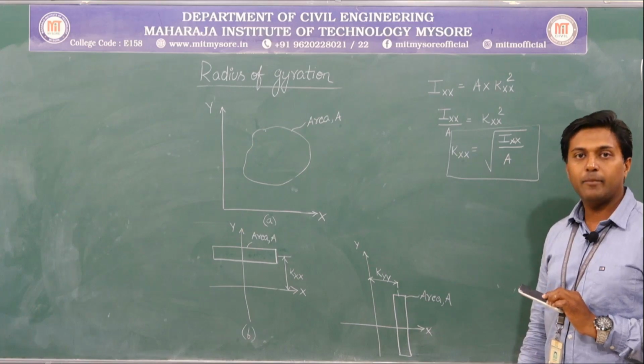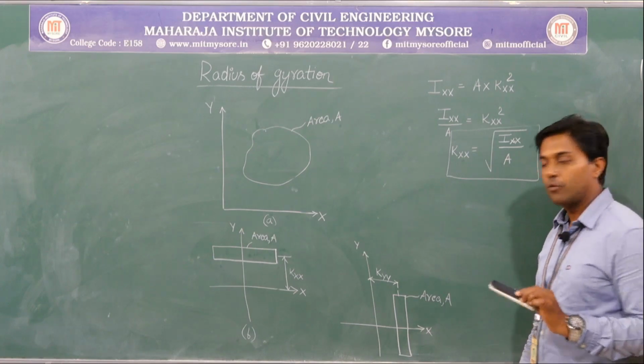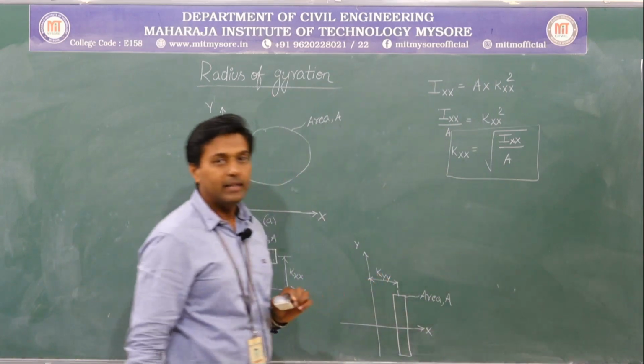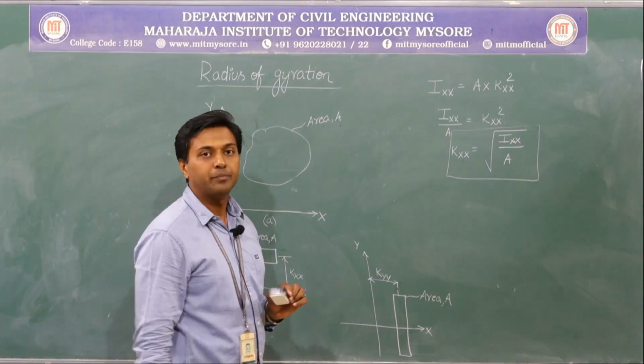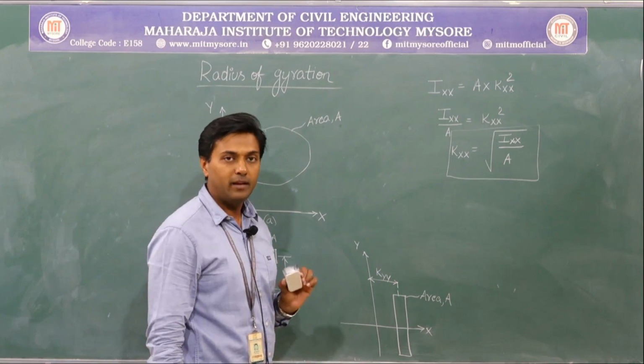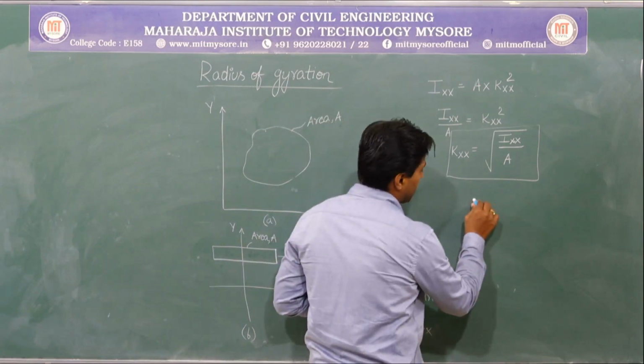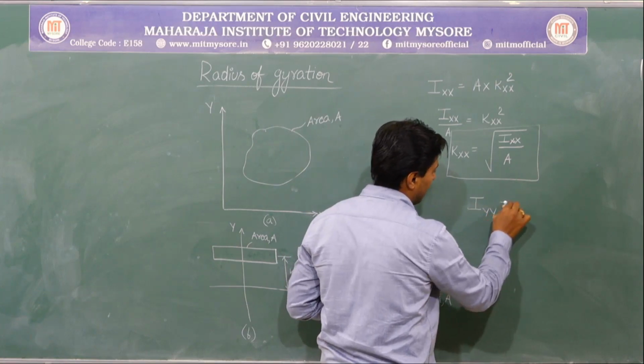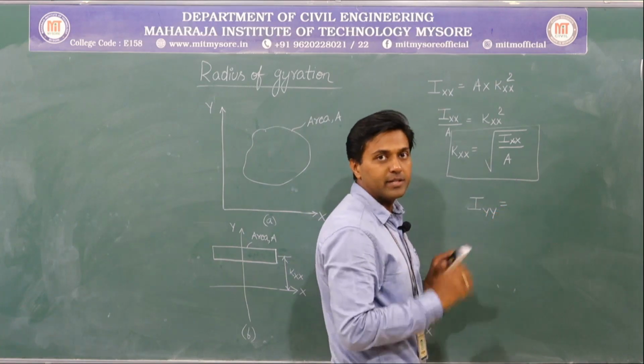Similarly, shall we calculate it about yy axis also? So similarly we'll calculate the radius of gyration about yy axis. Take the moment of inertia about yy axis, which is equal to area into distance square.